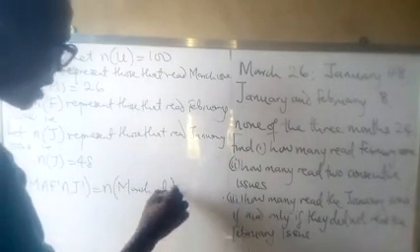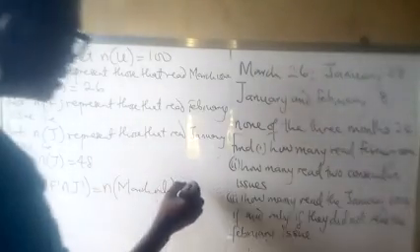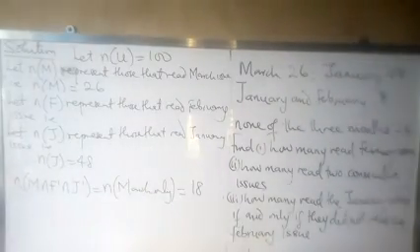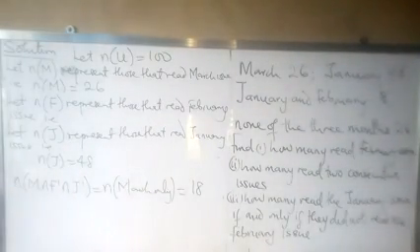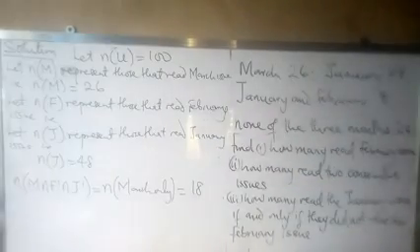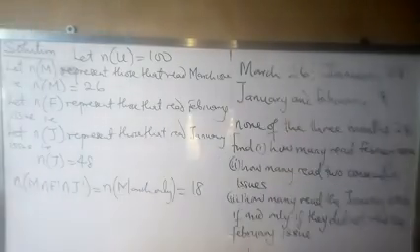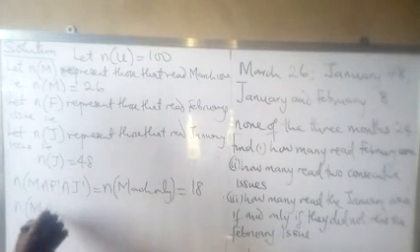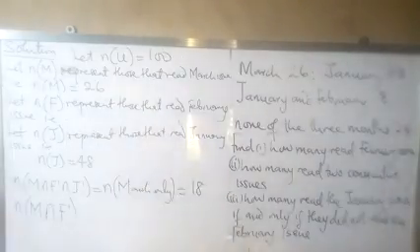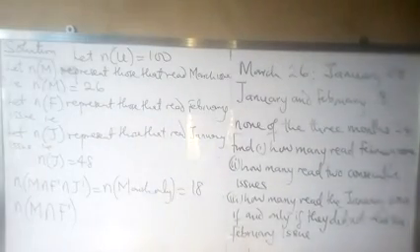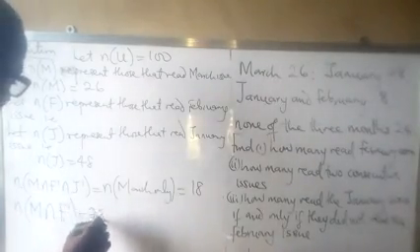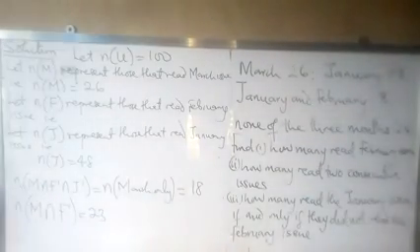We are given that to be 18, according to the question. Then we are also told that those that read March but not February, that will be March intersection February complement, and that is given to be 23. That's the meaning of March but not February.